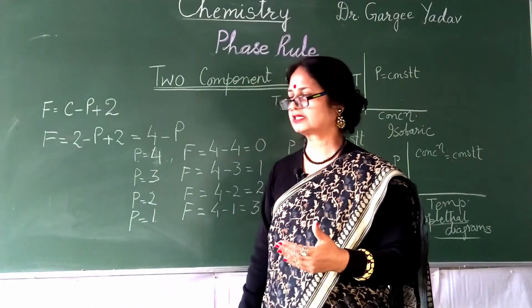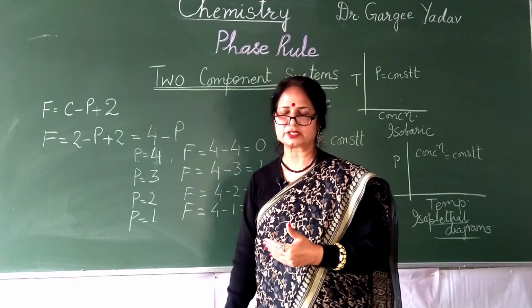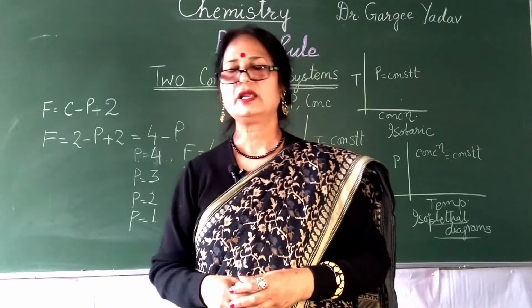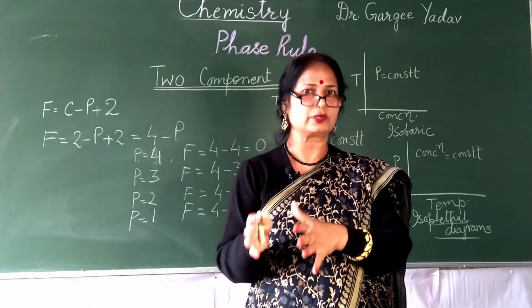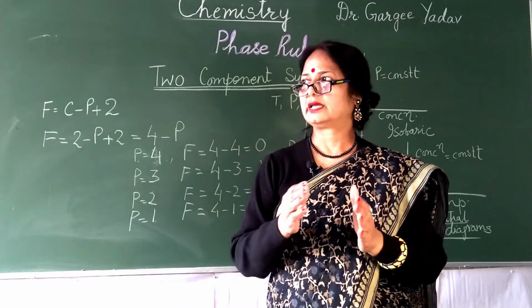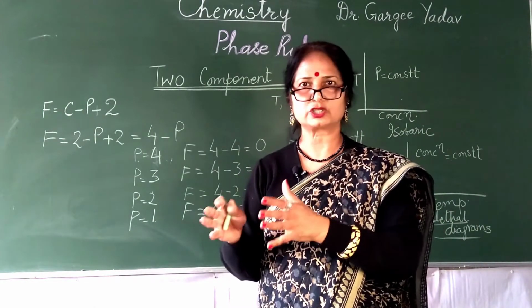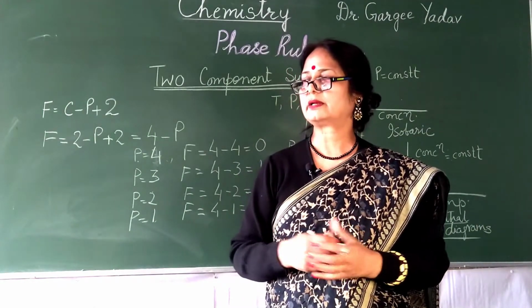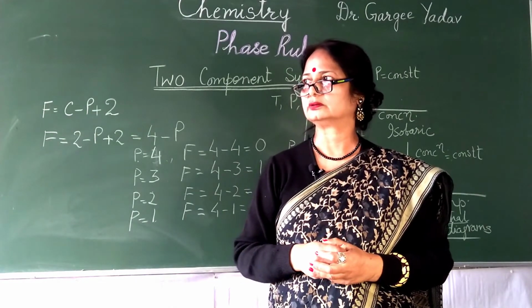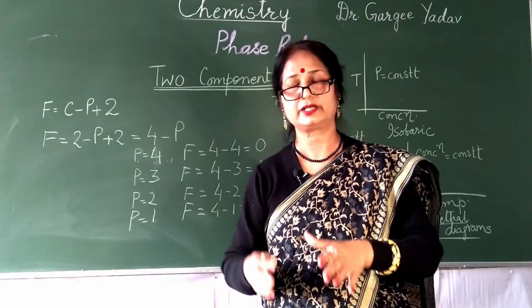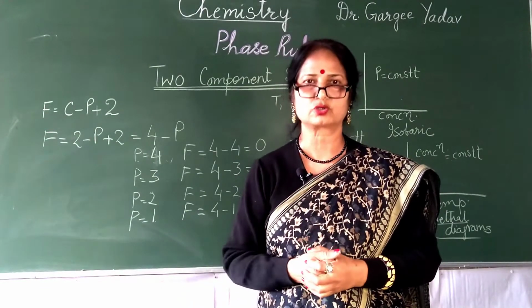Now these phase diagrams of the two component system can consist of various equilibria. There can be solid and liquid equilibria, liquid and liquid equilibria, and solid and gaseous equilibria. Moreover, there can be solid, liquid and vapor equilibria also.